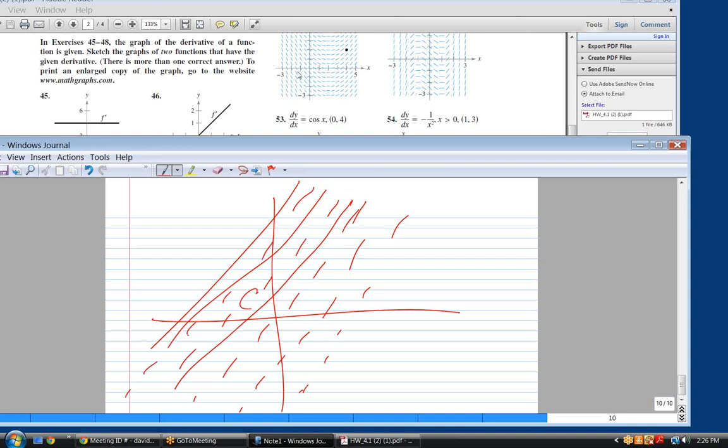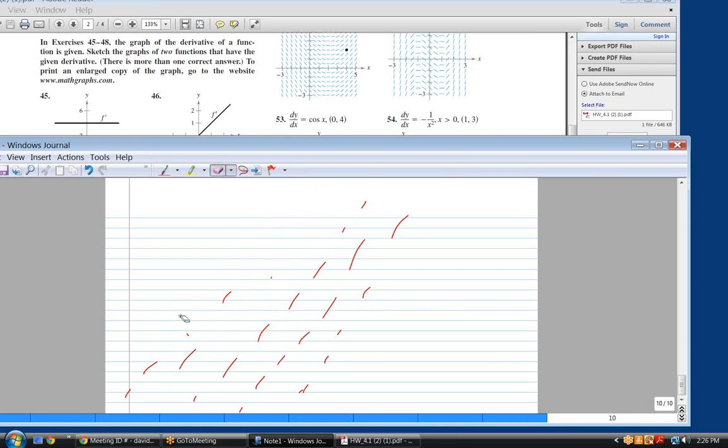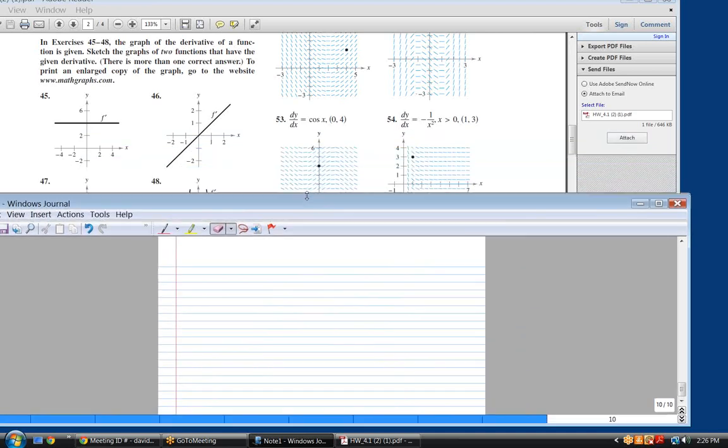In other words, in figuring out what these things are up here, these are slope fields, and they're exactly what we're doing in 45 and 46. Okay, so in 46, what is it?